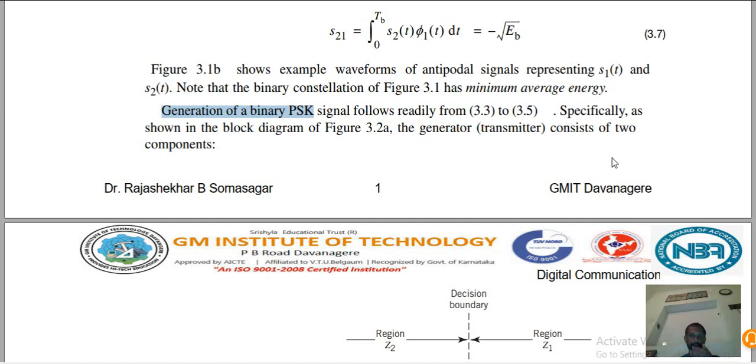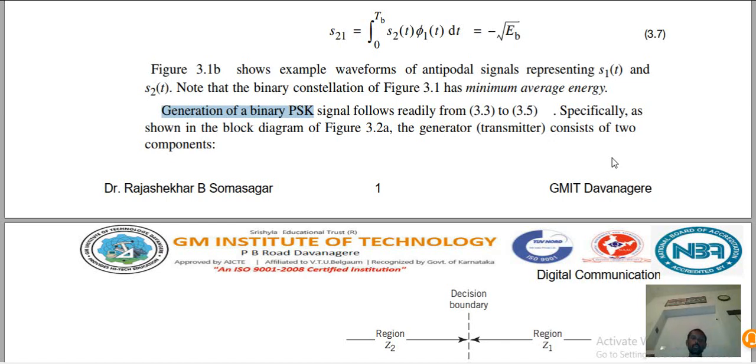One is the transmitter, which is usually called the generator. In further studies, the generator is understood as a transmitter, and they are interchangeable words. We can use transmitter instead of generator and generator instead of transmitter.